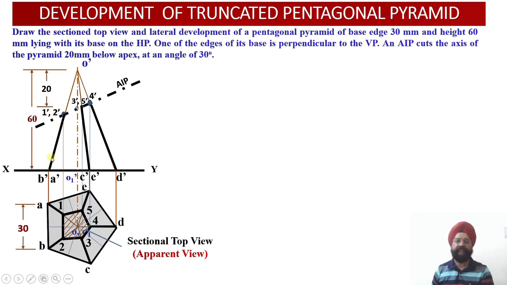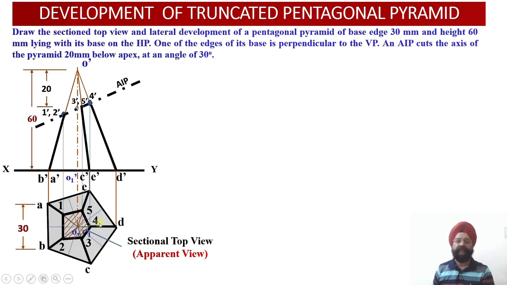Again, this is an oblique line. Similarly, OC is inclined to the XY line, and O dash C dash is also inclined to the XY line. So again, the OC generator is an oblique line. Then OE is inclined to XY, and similarly O dash E dash is also inclined to the XY reference line. So again, this is not a true length representation either in the top view or in the front view.